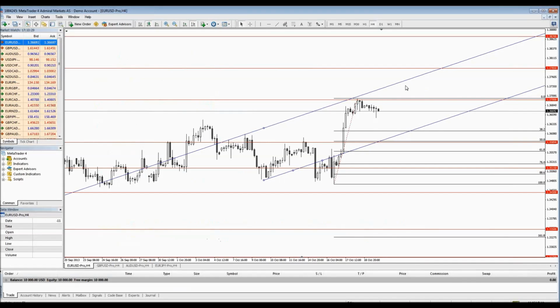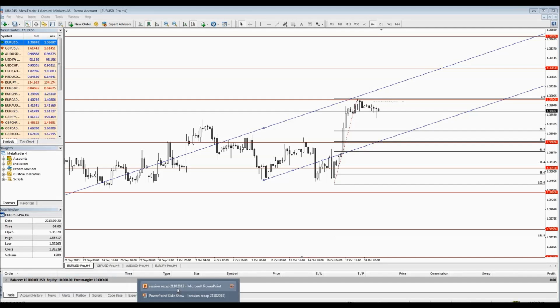I don't like to see it. I want to see it clearly going down and then up, or clearly going up but slowly. I don't want to see it going up very, very fast. So 37.30 is the next level we should try to sell into. And this is the level we should buy into.